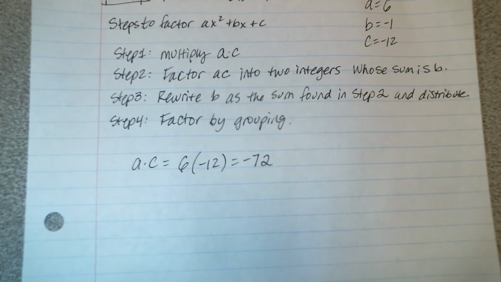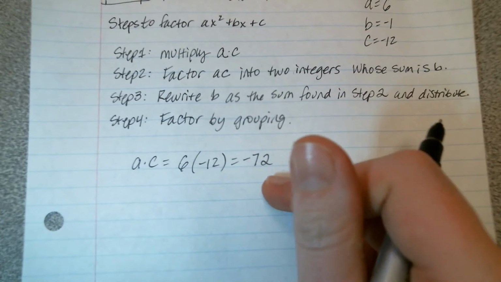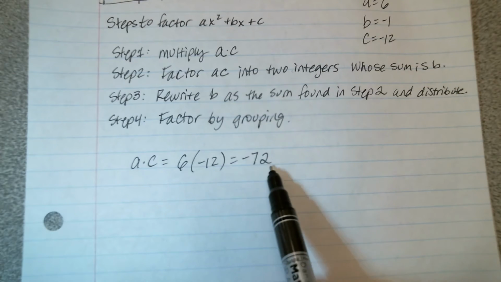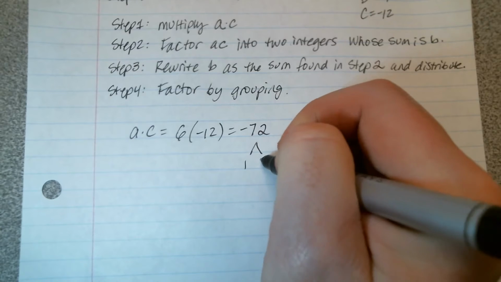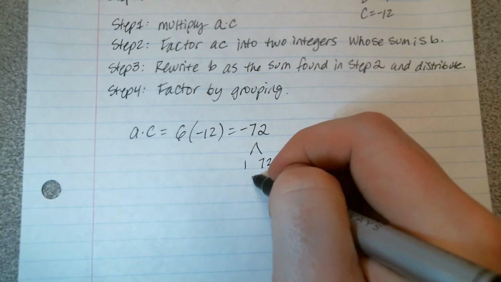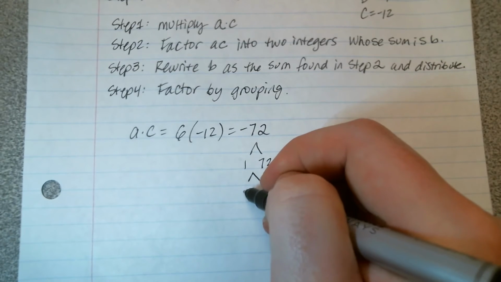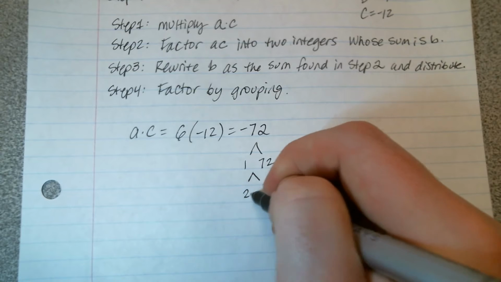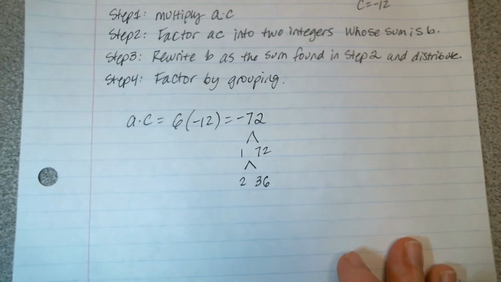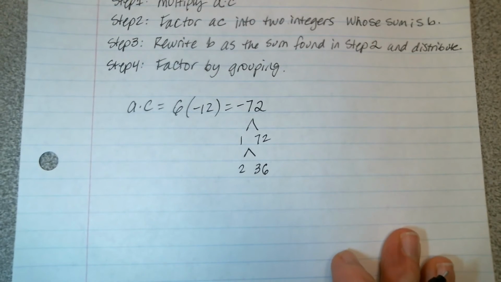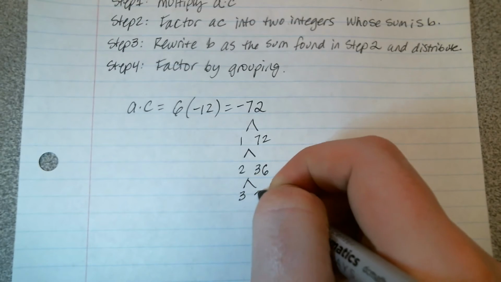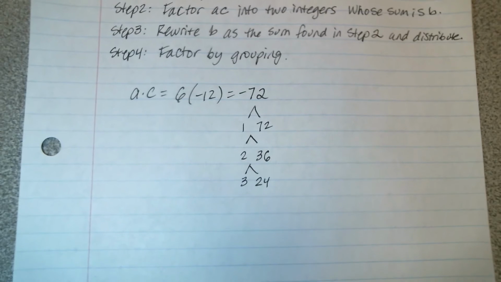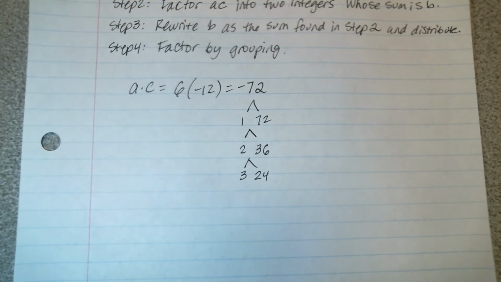Okay? So 72, if I ignore the negative right now and focus on 72, I could have 1 and 72. I could have 2 and 36. It looks like 3 goes in evenly, 3 times 24. How about 4?